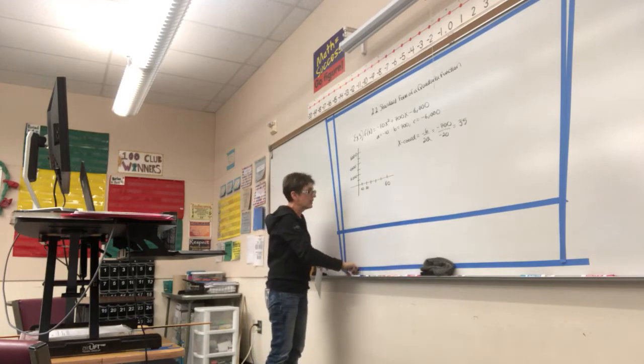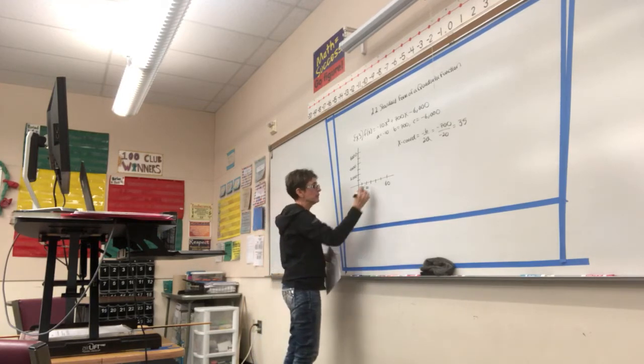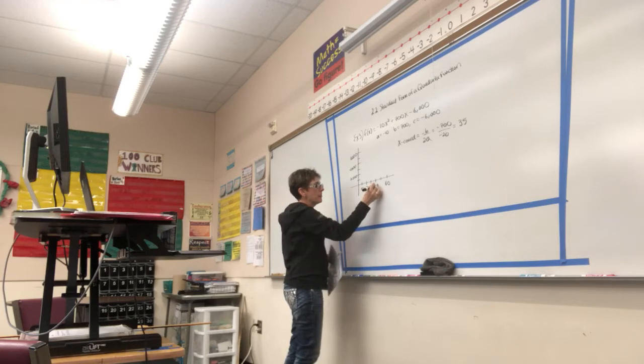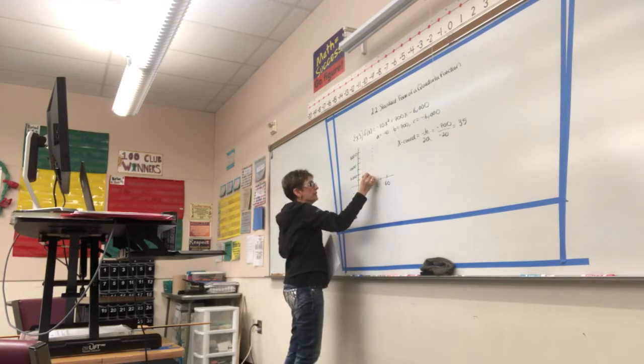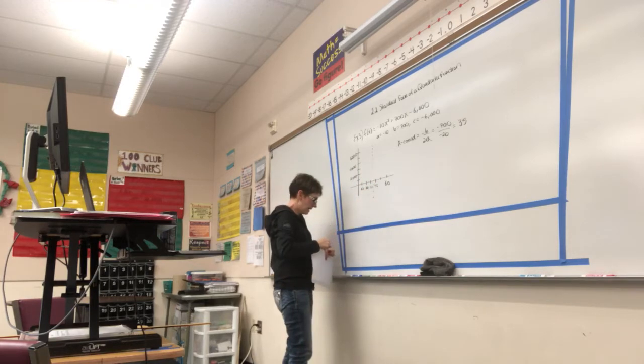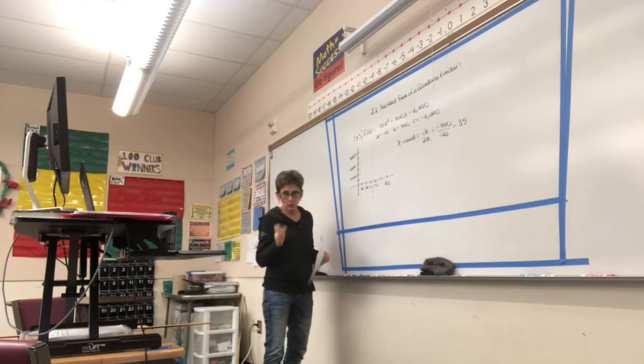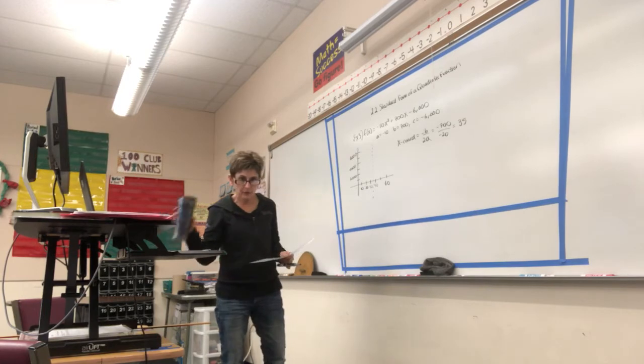So I have an axis of symmetry at x equals 35, and I'm going to put that in my graph so I can see it. That also means the x-coordinate of my vertex is 35.